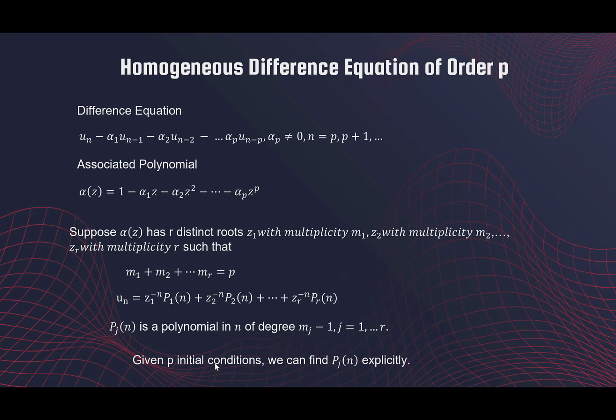For order 2, we had two initial conditions. So for order p in general, we need p initial conditions so that we can solve all of the equations and get this exact form of p1, p2, and so on till pr of n. So now we know how to solve a general difference equation of order p.